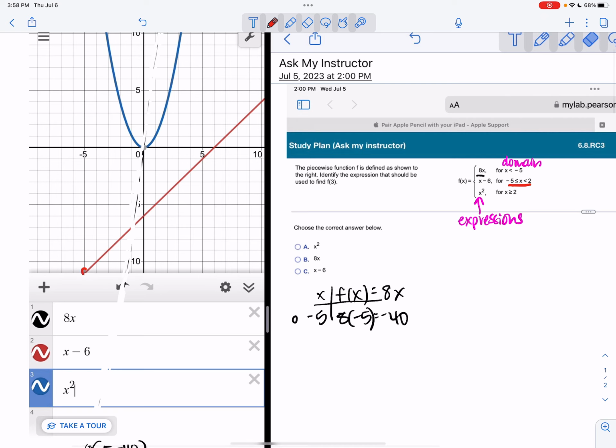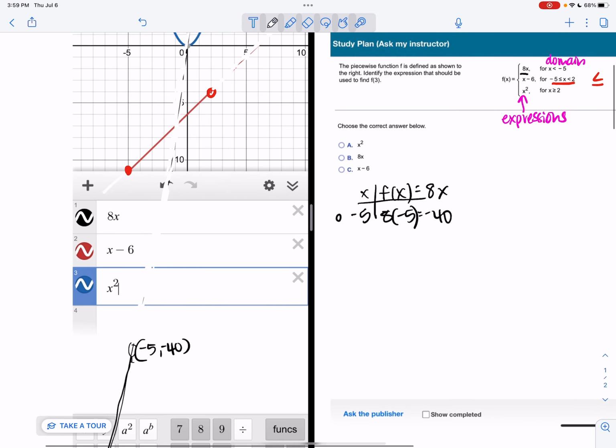That part is included because of the less than or equal to. And up to 2, right here is where x is 2 all along this line. So right here is an open circle, which means that the rest of this stuff is not here, not any of that part and nothing down here as well.